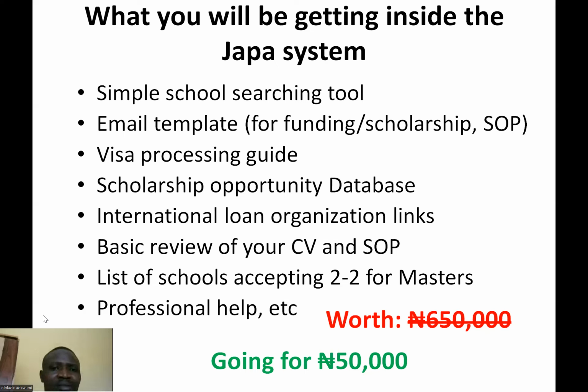You just need a guidance that you can easily go into and go straight with the processing. We are giving this JAPA system out for just 50,000 naira. JAPA system is 50,000 naira.